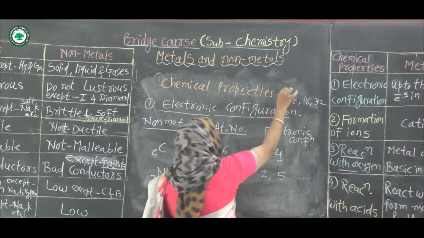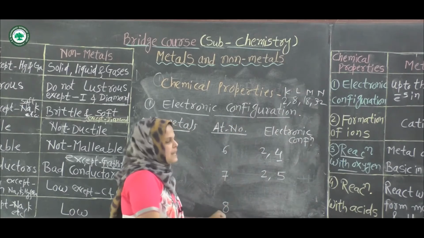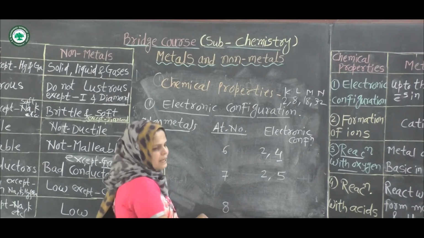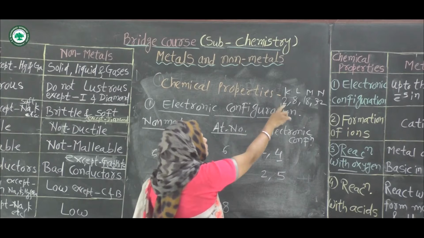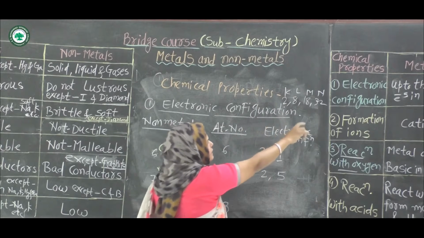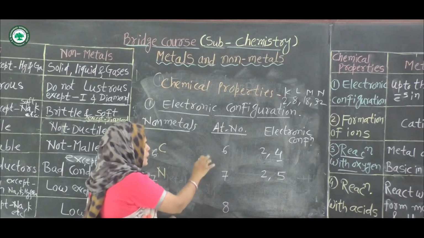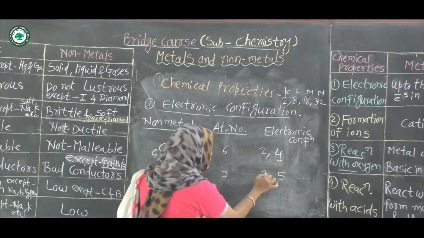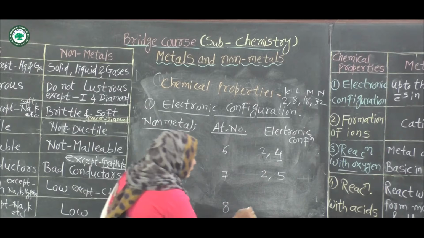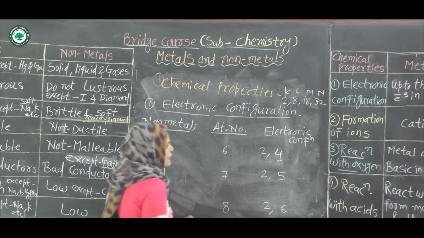We know the shells K, L, M, N hold particular numbers of electrons: K shell 2 electrons, L 8, M, the third shell, 18, N 32. For nitrogen, atomic number 7, electronic configuration 2, 5. For oxygen, atomic number 8, electronic configuration 2, 6. 6 plus 2, 8. Okay.